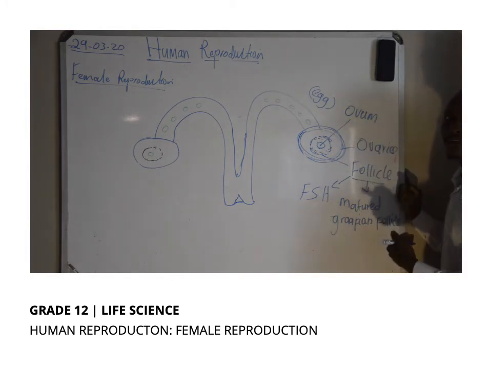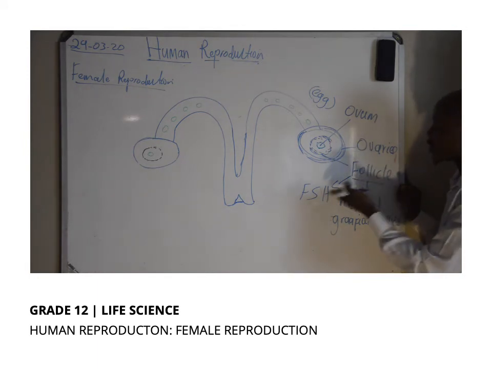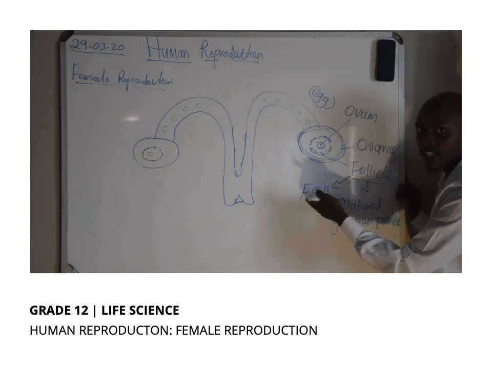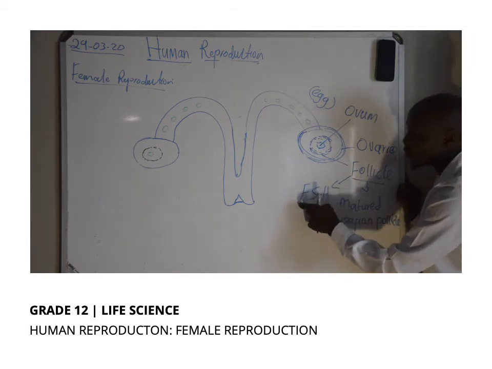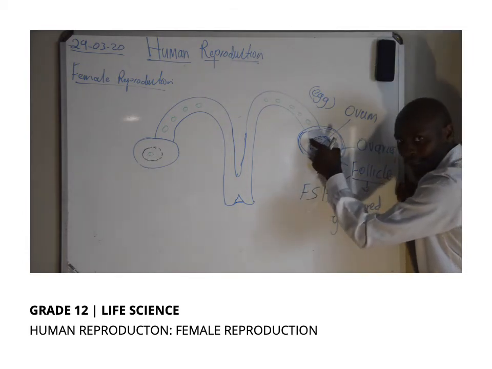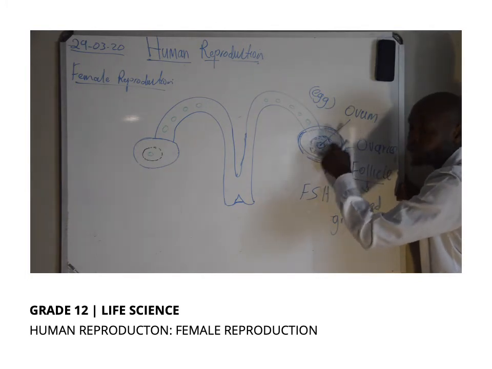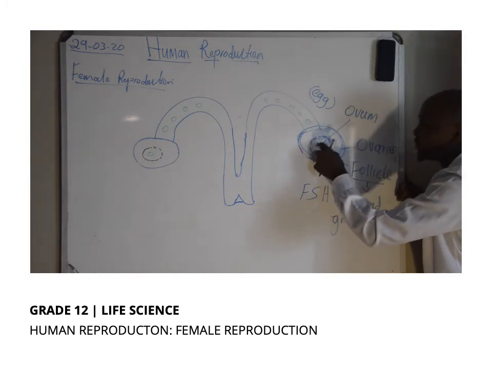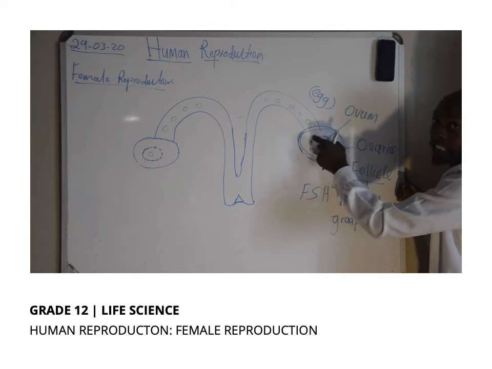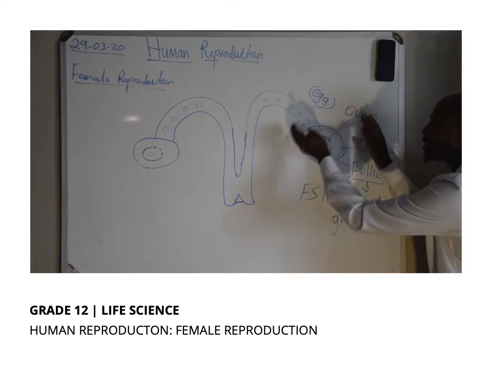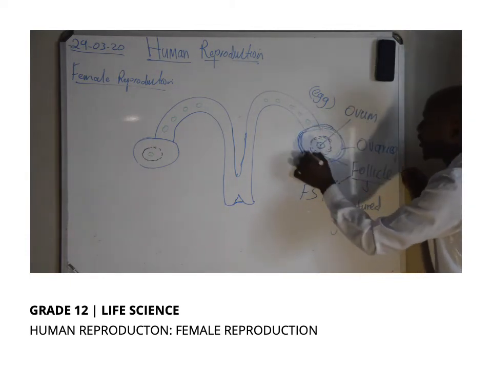How did we even have that follicle from the beginning? We had that follicle because of follicle stimulating hormone. So follicle stimulating hormone gives rise to what? To a follicle. And then within that follicle, we have an ovum, an egg that is growing inside the follicle. But all that process is happening within the what? The ovary.